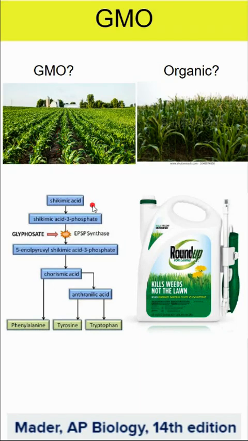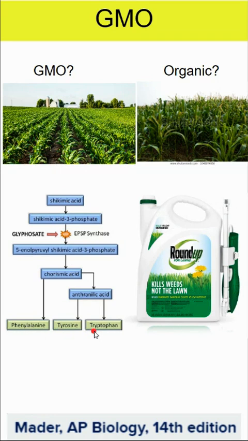So again, when we come back to this pathway, when we're talking about tryptophan and gene expression, the operon, it would take these precursor molecules and ultimately create the enzymes necessary to transform the initial shikimic acid into the amino acids.